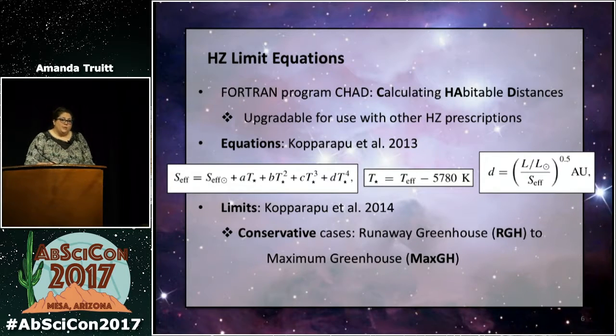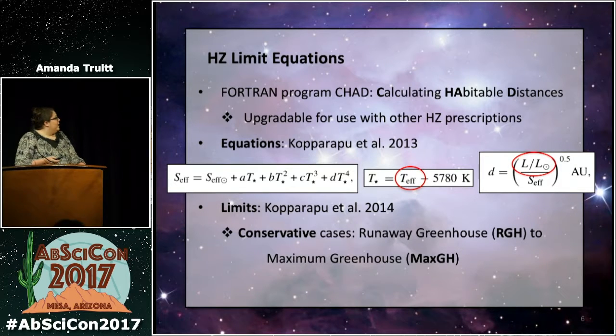The limit equations that we use come from Ravi Kopparapu's 2013-2014 papers. What we're focused on here, again, is temperature and luminosity. We take those from Tycho and input them into these equations that calculate the habitable zone distance at each time step in our evolution.